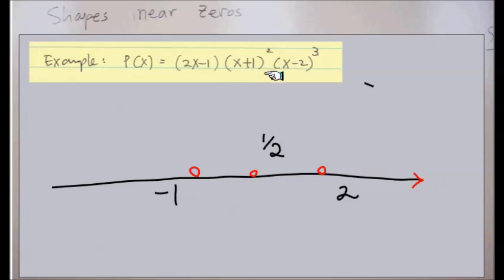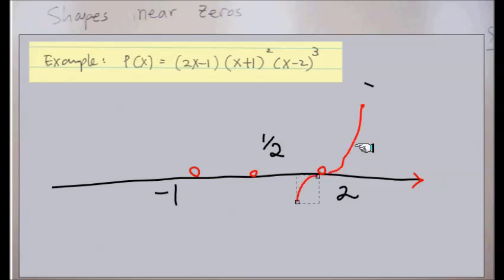Because its leading coefficient is positive, we're going to start from here. When we cross x equals 2, its multiplicity is 3, so it resembles the cube monomial y equals x cubed, but centered around x equals 2. So it goes like this.